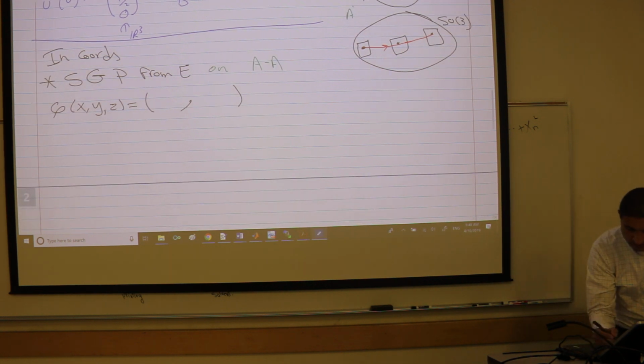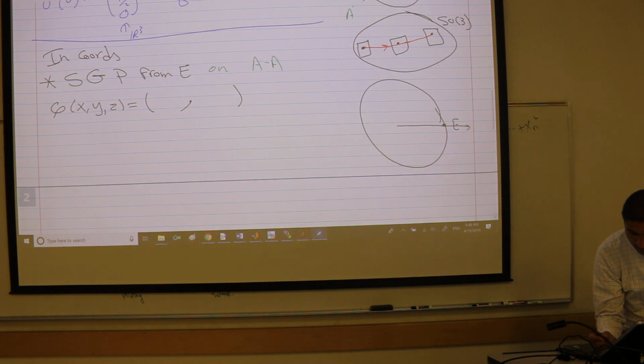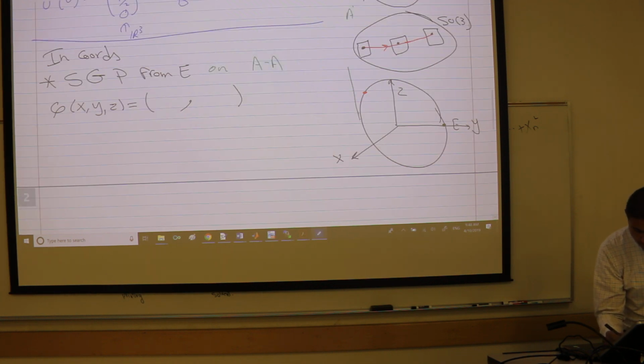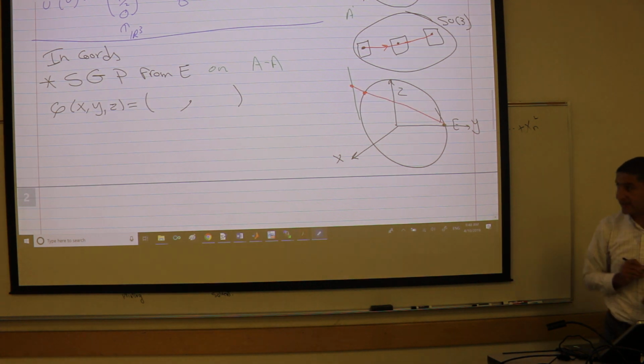This is your point. So any point on the sphere, I will project it on that green line.